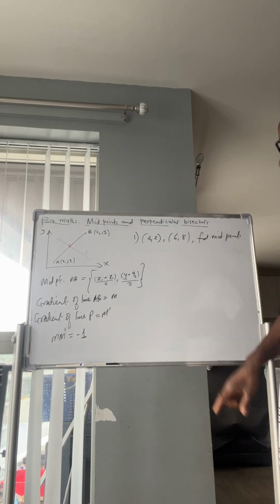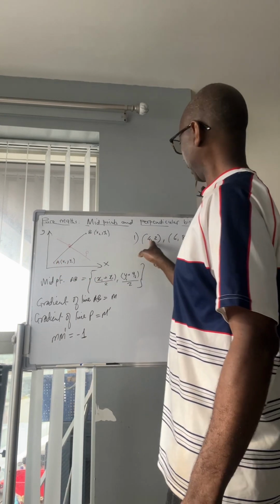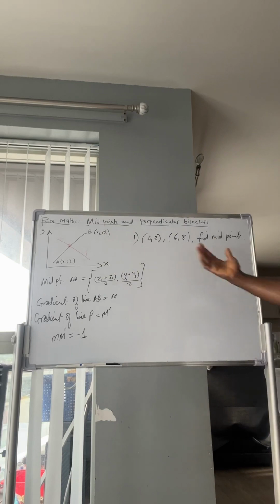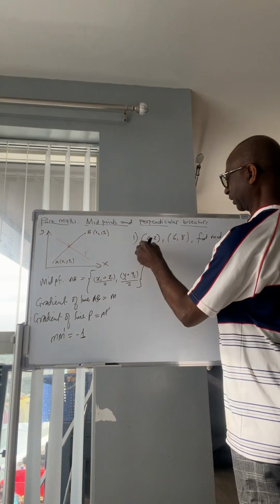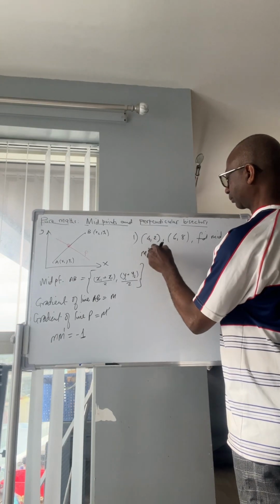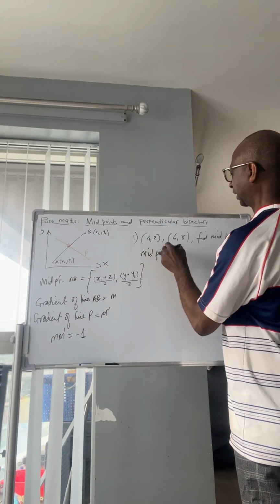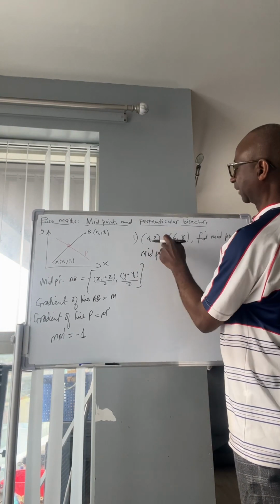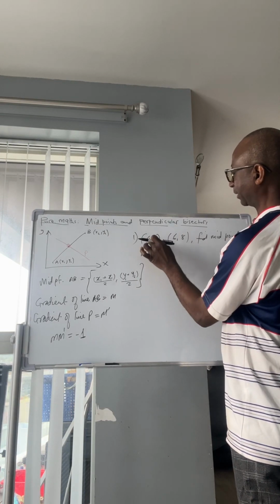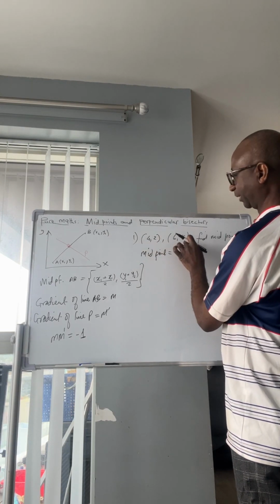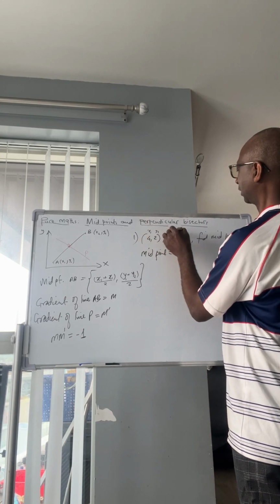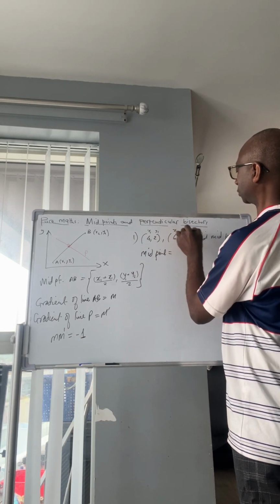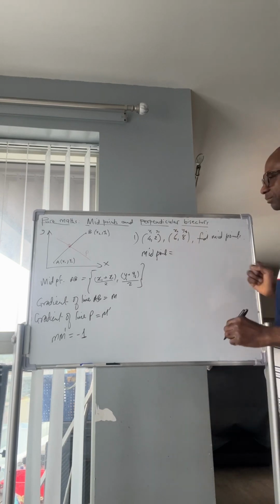Say this was A and this is B. Now how do we find the midpoint here? So this is your x1, y1, x2, y2. This is how you do them.